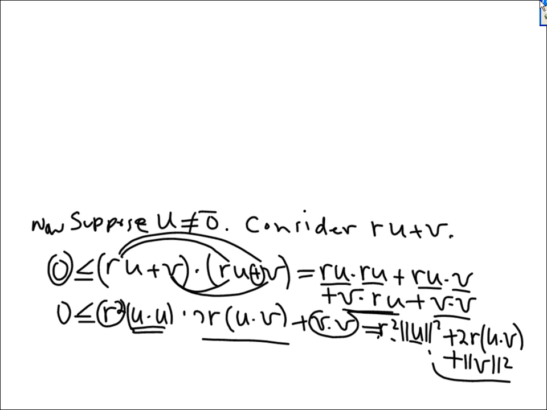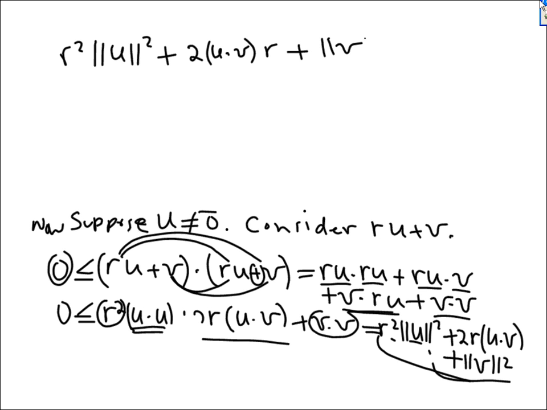We have r squared times the length of u squared, plus 2 times u dot v times r, I want the r at the end, plus the length of v squared, and this is bigger than or equal to the number 0.